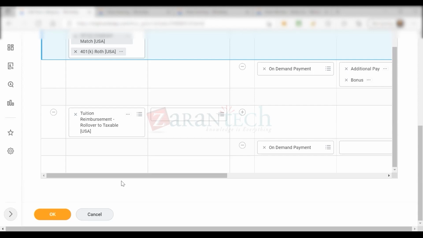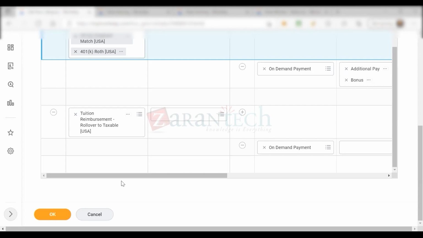Yep. So we will come to that, but just think, from a concept per se, you need to process retro for your whole population, correct? Yeah, that's correct. So typically what you configure as a rule for processing your on-cycle payroll should hold good for your retro as well.